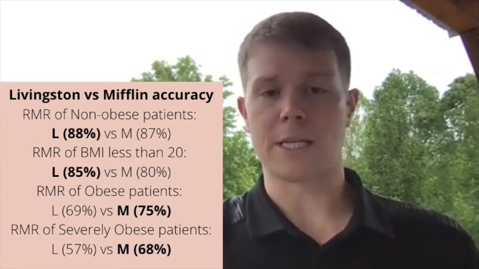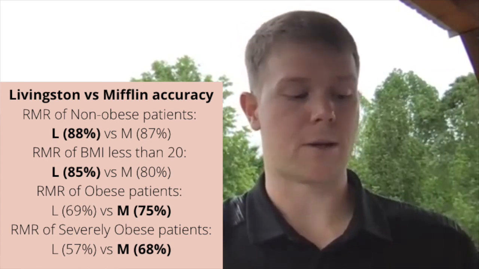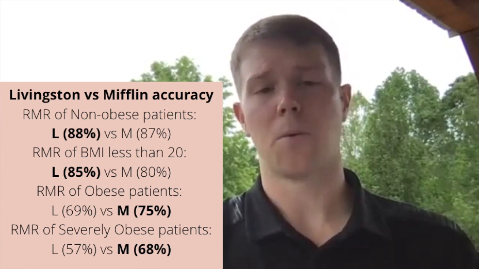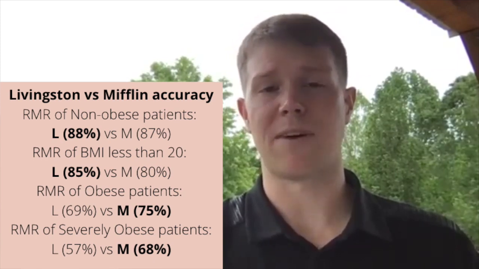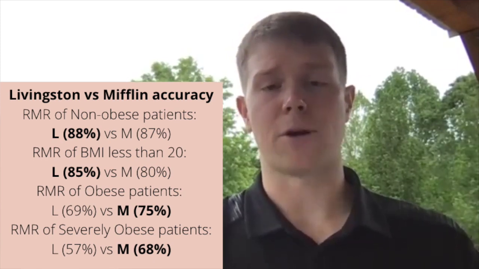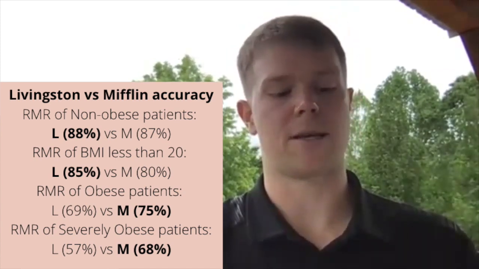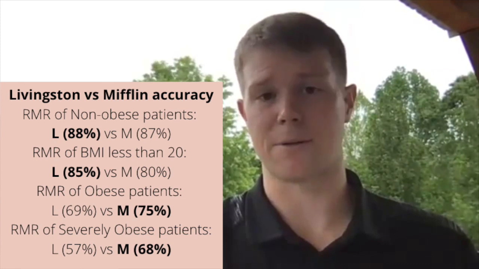And then when you look at the obese patients, for Livingston it's about a 69% accuracy, whereas Mifflin-St. Jeor is a 75% accuracy. And then for your severely obese patients, the Livingston has a 57% accuracy and the Mifflin has a 68%.